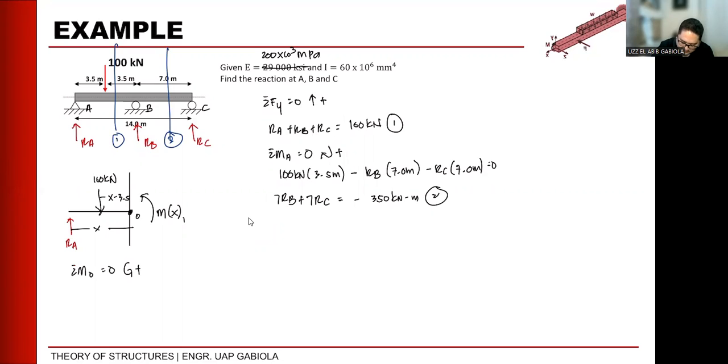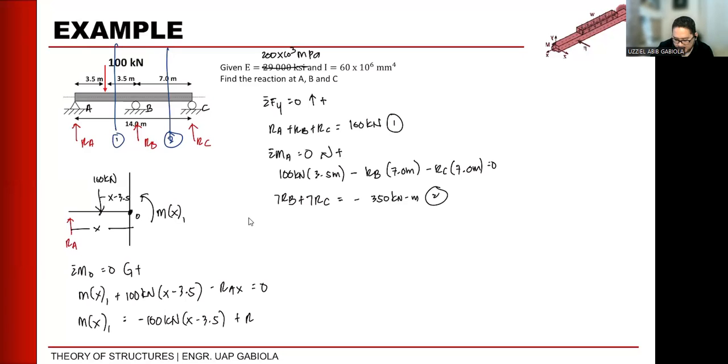So, we have M of X1 plus 100 kilonewton times X minus 3.5 minus RAX is equals to 0. So, yung first moment equation is equals to negative 100 kilonewton times X minus 3.5 plus RAX. Okay? So, ito yung isang equation natin for the first segment.